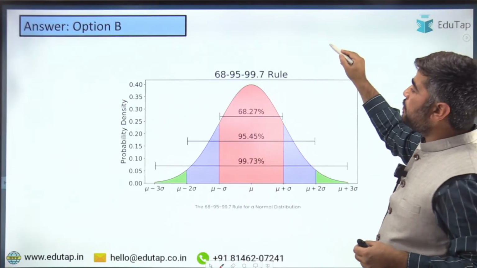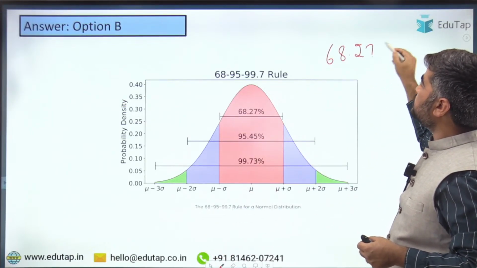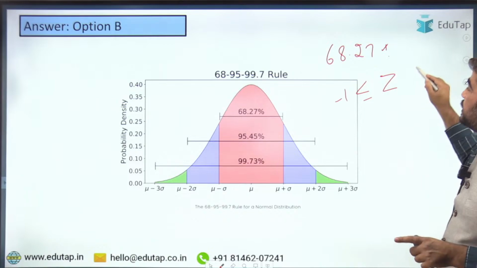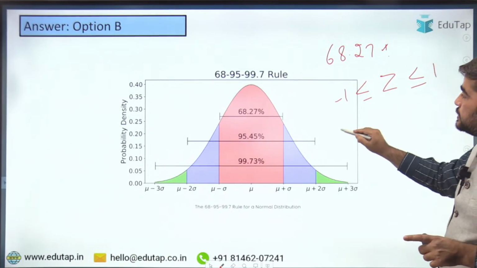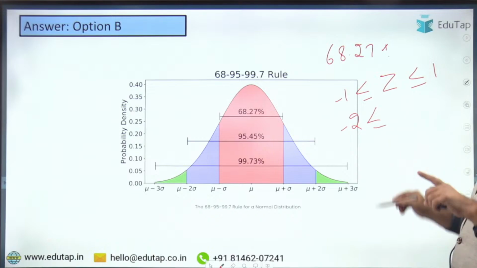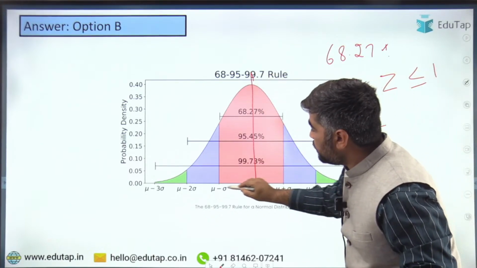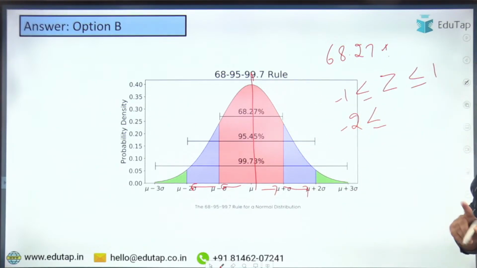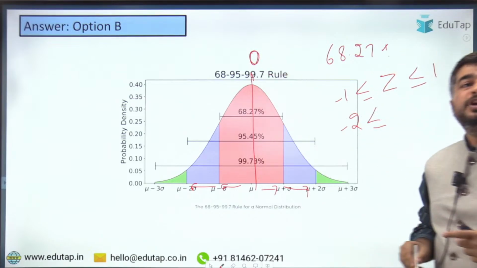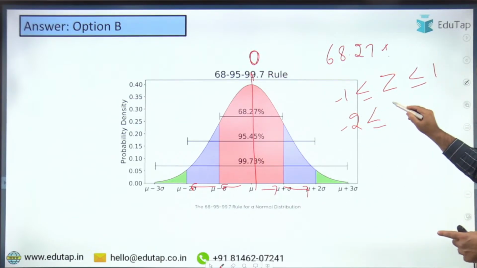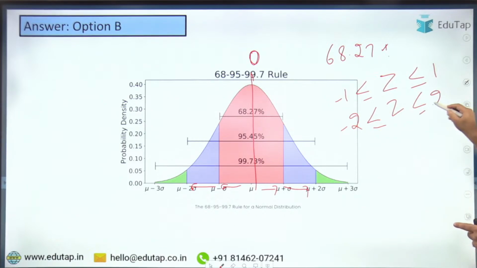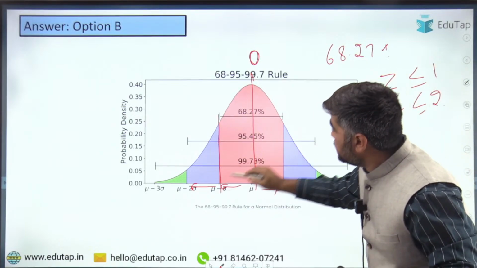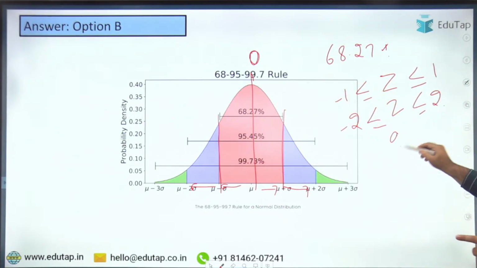If you have a probability distribution of 68.27%, it means Z lies between -1 and 1. Z lying between -2 and 2, that is two standard deviations away from the zero mean, on this side and on this side, gives the probability of 95.45%.